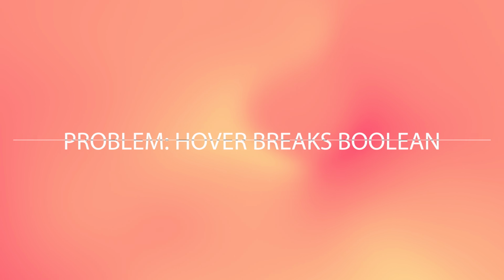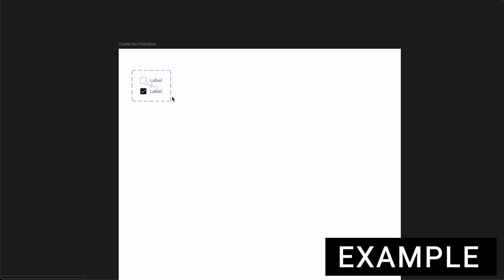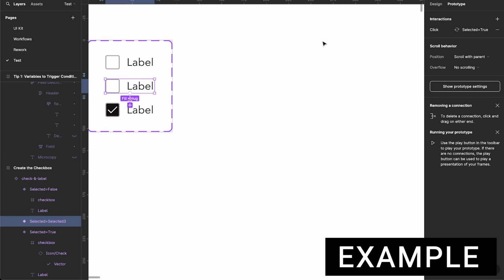Now, while that first tip was useful, there's a common issue that people often point out with it, and that's you can't have a hover variant because it will break the Boolean that's tied to the instance state.